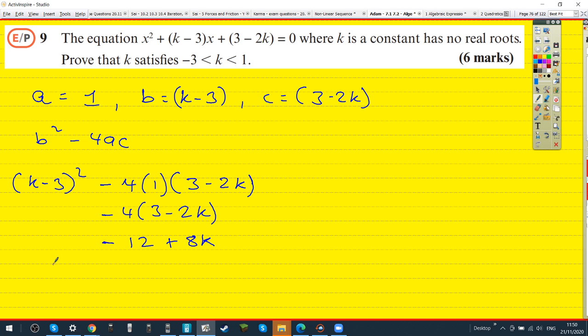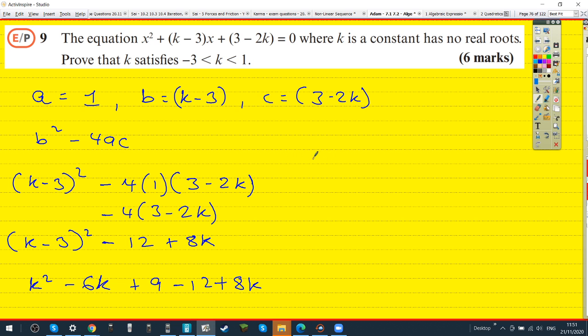Then would you expand k minus 3 squared? Which would give you, simplified down, k squared minus 6k plus 9. And then that'd be written out as k squared minus 6k plus 9 minus 12 plus 8k.